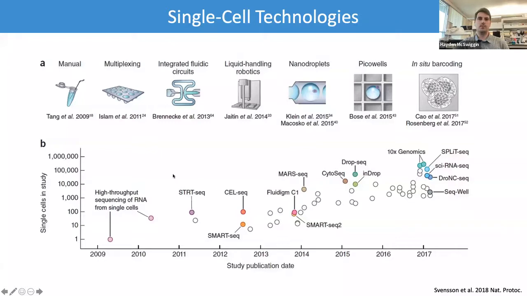And so many other ways of sorting cells have been developed. You can sort them into individual wells of a plate and do the analysis with multiplexing cells. You can also create nano droplets, just small reaction chambers that will sort cells, and you can analyze cells in parallel using this method.